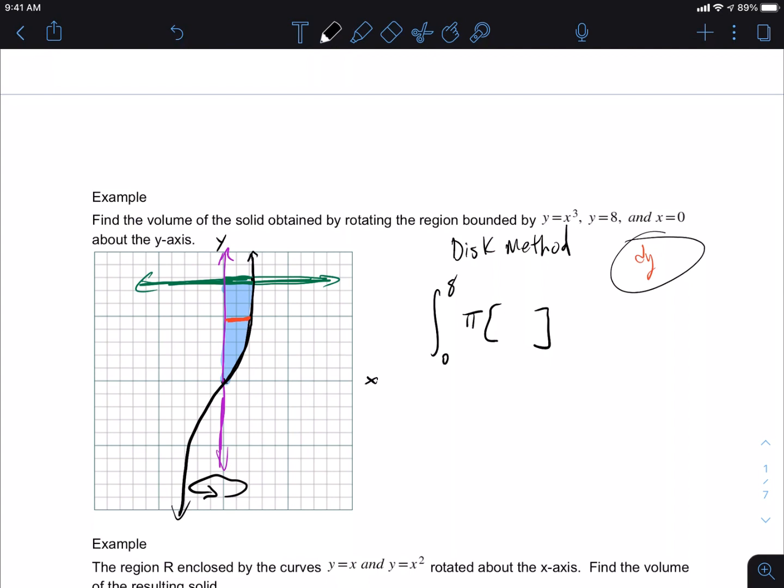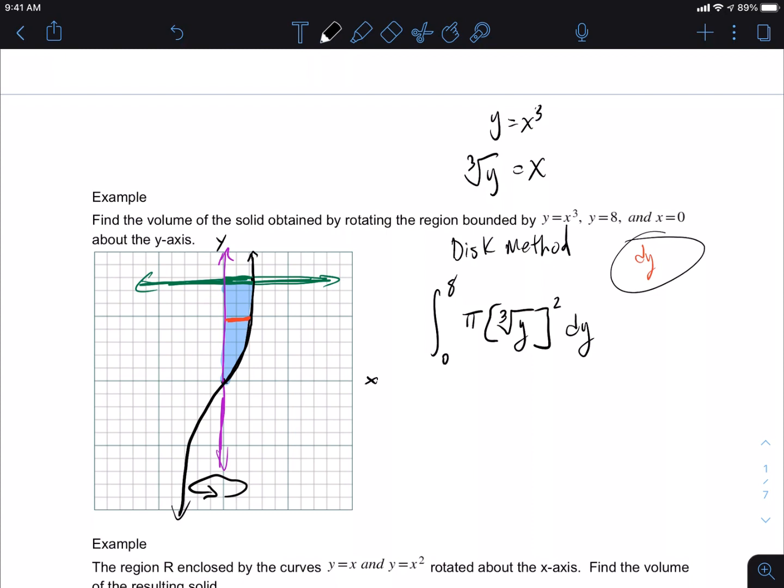I want it in terms of y. So if I want it in terms of y, what would that be? The cube root of y, yes. Does that make sense to everyone? Because y equals x cubed, to get rid of the cube, I have to go the cube root of y is equal to x. Right? Those two have the same graph. They are the same equation. Does that make sense to everyone?